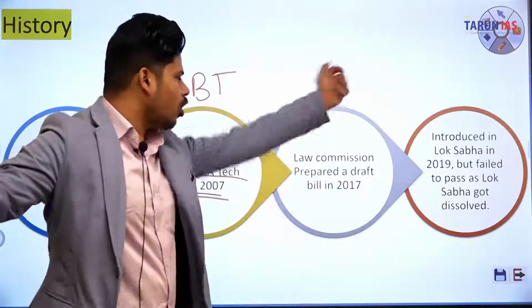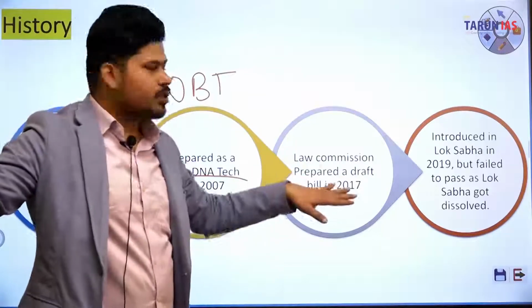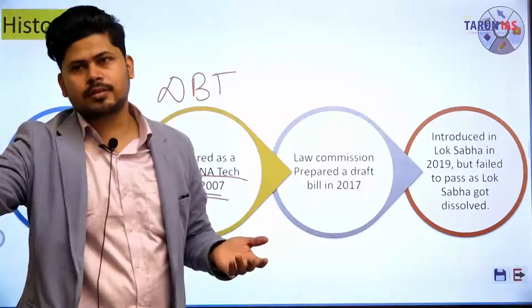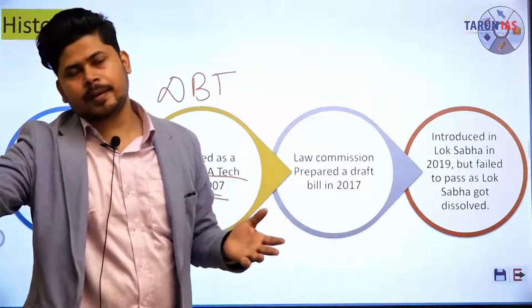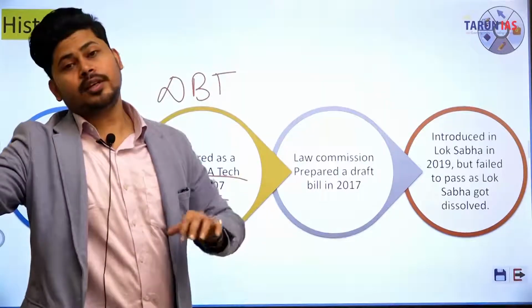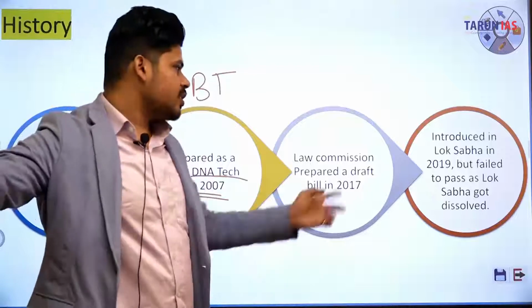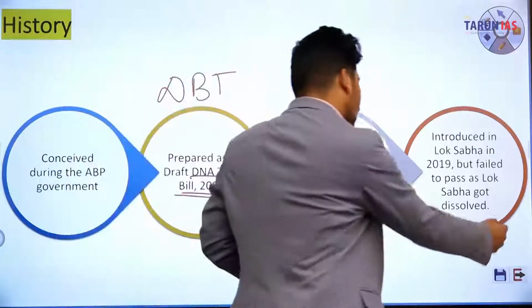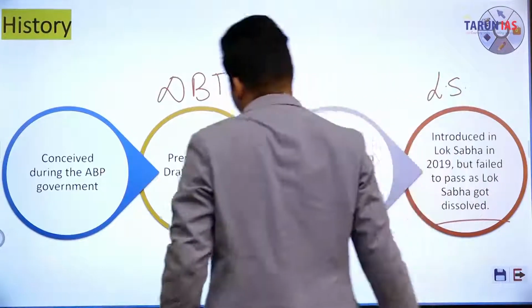In 2017, the Law Commission prepared a draft bill again, and it was introduced, but it did not pass. In 2019 also, the law was again introduced. It went through all the committees of the parliament. A lot of deliberations were done on it, but still it was not passed because Lok Sabha got dissolved.